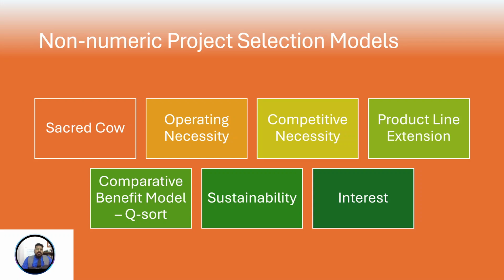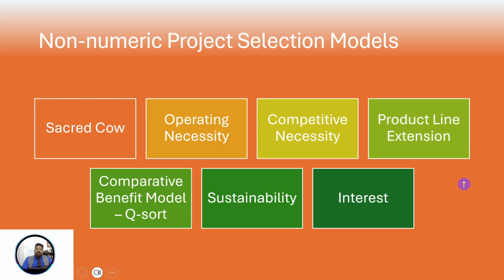Non-numeric project selection models: sacred cow is a term wherein the project is giving you fat cash, operating necessity, competitive necessity, product line extensions, comparative benefit, Q-sort model, sustainability, interest.